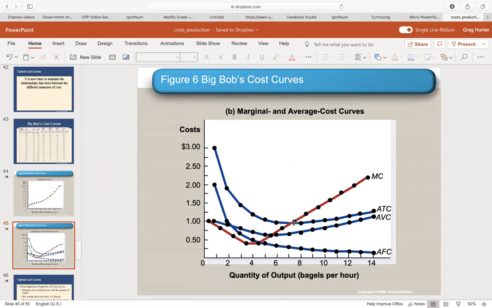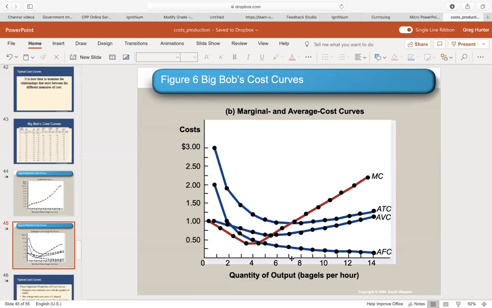In this example, the marginal cost intersects the average total cost at about what level of output? 7. Yeah, it looks like around 7 to me. So 7 units of output is the efficient scale for this business.